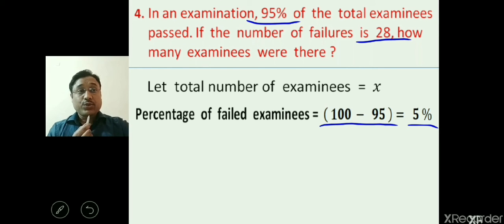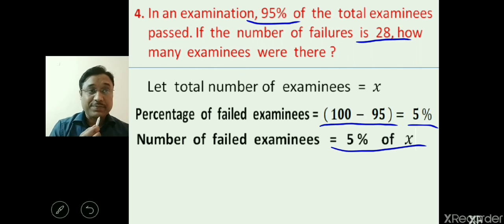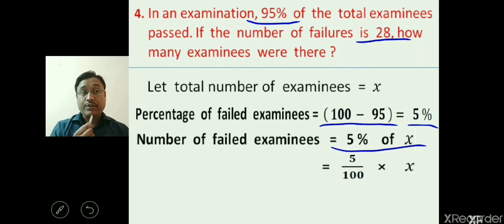Then we will find the value of this 5%. It is in percentage. Now find the value, that means 5% of total students. So the number of failed examinees is 5% of x. That means 5 by 100 of x.